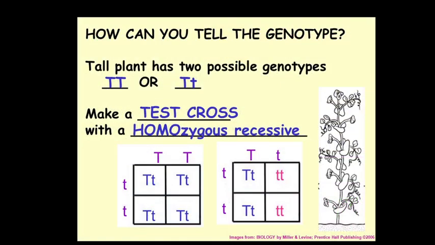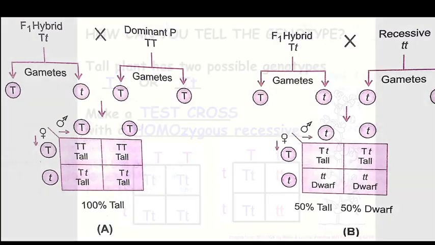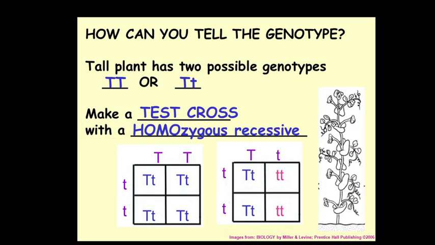Now this is very important because here we discuss back cross and test cross. Why do we do a test cross, and why do we do a back cross? When an F1 individual is crossed with one of the two parents from which it was derived, it is known as back cross.